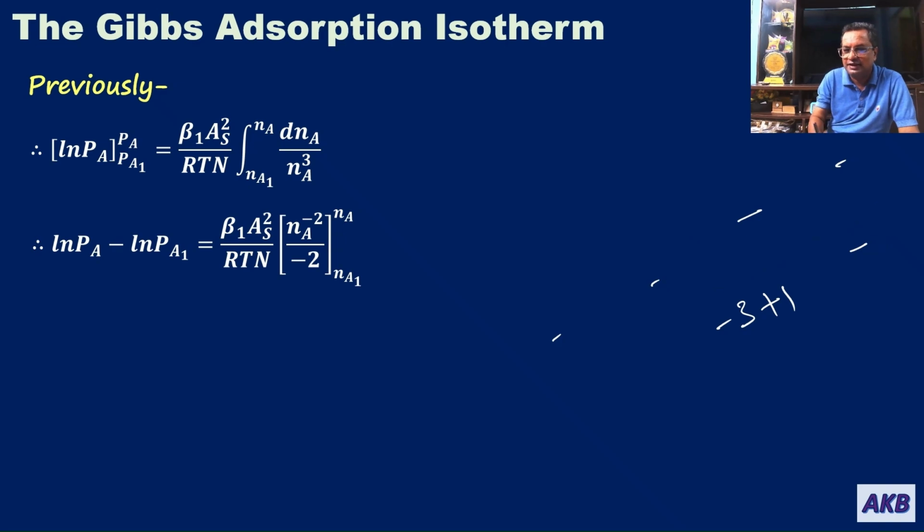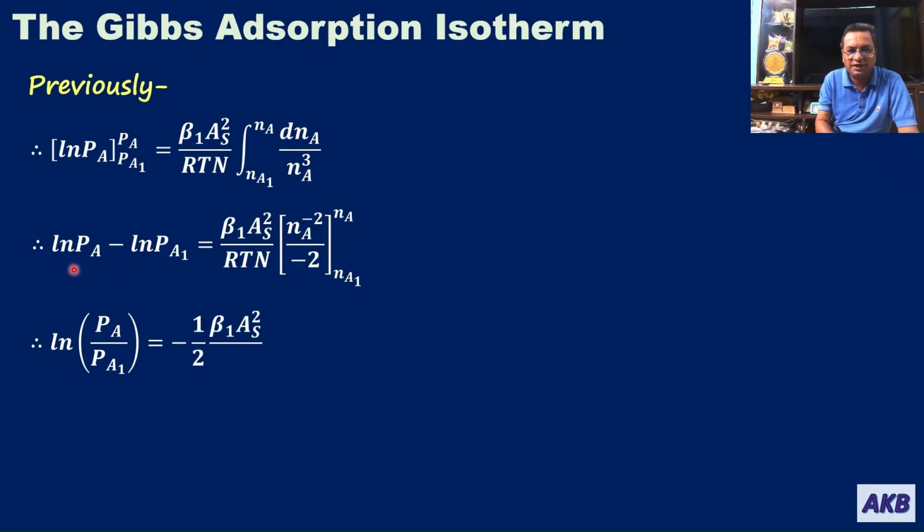Okay, then next, let us use the limits in the next step. This is ln of a minus ln of b, ln of a upon b, the identity. So it will be ln of Pa upon Pa1, that is equal to minus 1 by 2 beta 1 a square upon RT capital N, and now I am using the limit.